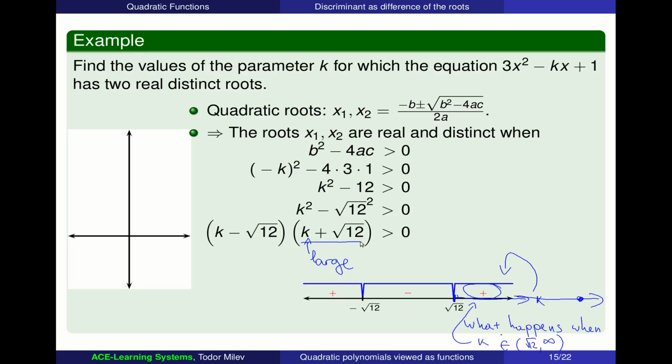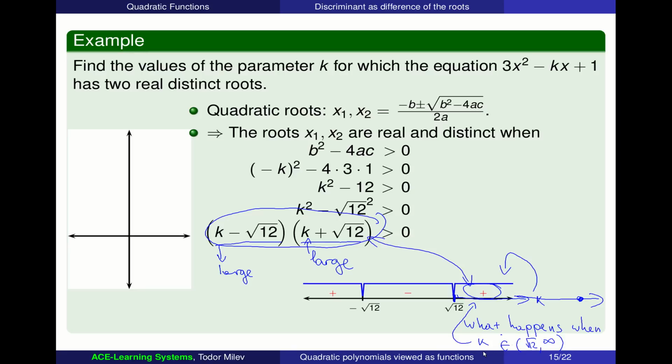This is a positive quantity here, so is this one, if k is very large. So altogether, the expression that we see here becomes positive. So the sign of this factored expression is positive.